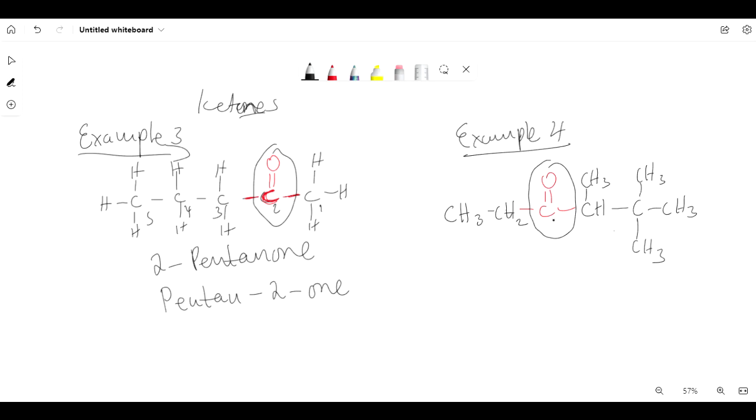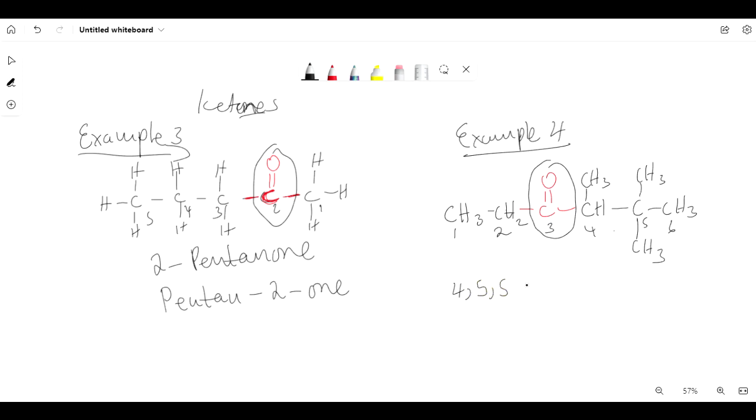So now it means this is 1, 2, 3, 4, 5, 6. Now how many methyl groups do I have? I have 3 methyl groups. One is at number 4, and the other one is at 5, and the other one is also at 5.